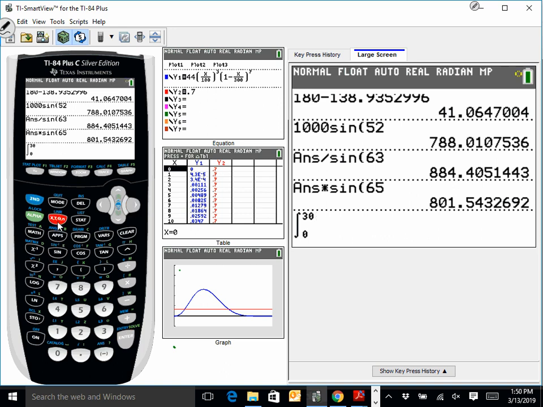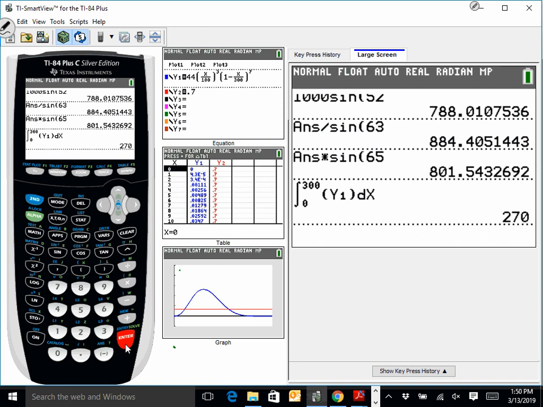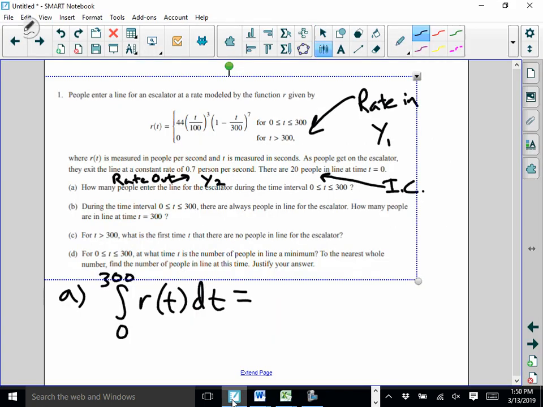And it comes out as 270. Okay? So that means 270 people entered the line in the interval 0 to 300.